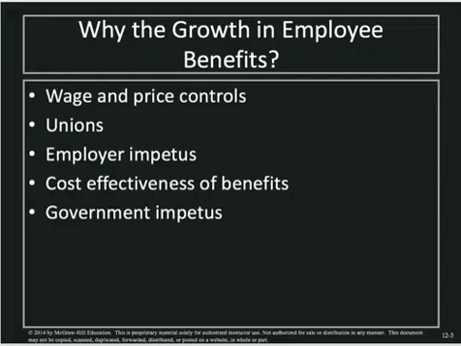Lastly, the government has played an important role in the growth of employee benefits. Three employee benefits are mandatory by either the state or the federal government: workers' compensation, which is at the state level, and unemployment insurance and Social Security, both at the federal level.